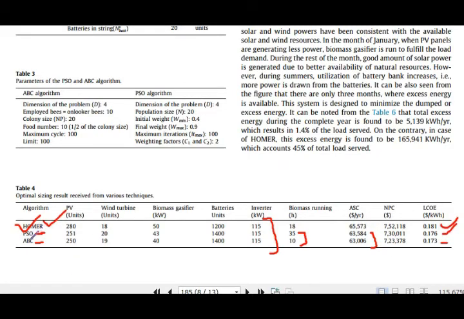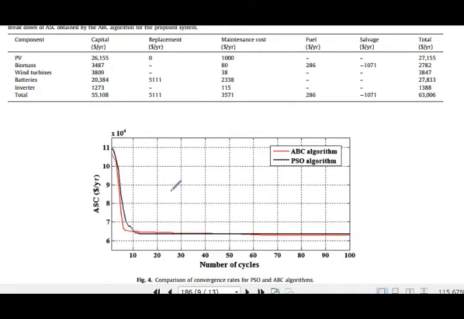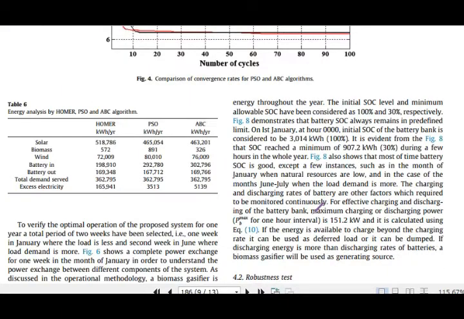So the PSO and the ABC have very close solutions to each other, and this is the convergence of the ABC and the PSO. The convergence of the PSO is almost the same, but the ABC is a little superior in this specific case compared to the PSO.